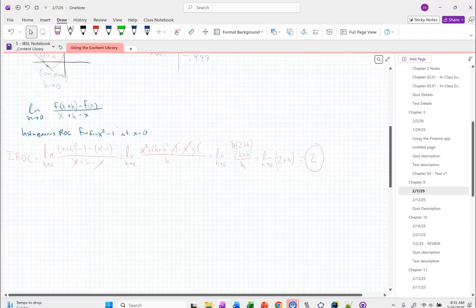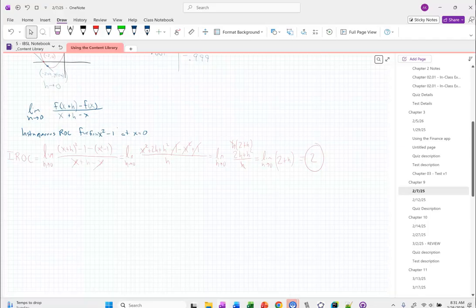I was gonna say, for the equation part, you plugged in x squared plus h, but it wasn't the same for the other part. Well, this is f of x plus h, right? And this is f of x.